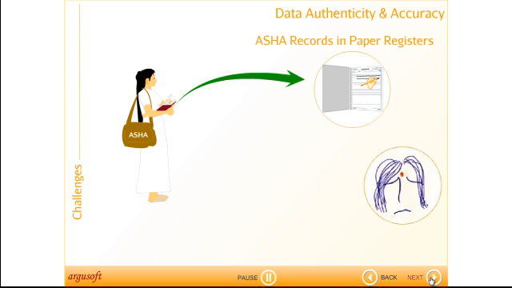In some cases, she may have to write the same set of details in multiple registers as well. This not only takes time and effort for these health workers but also increases the chances of human error. Also, the field workers are not too thrilled to do this work on a regular basis.